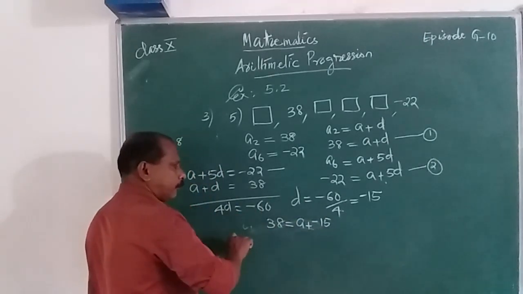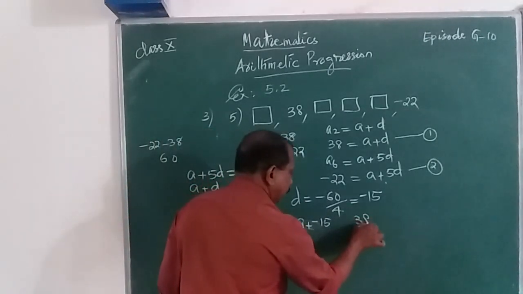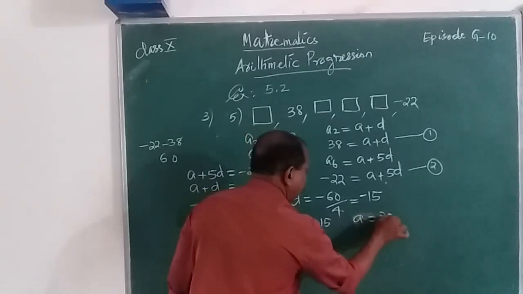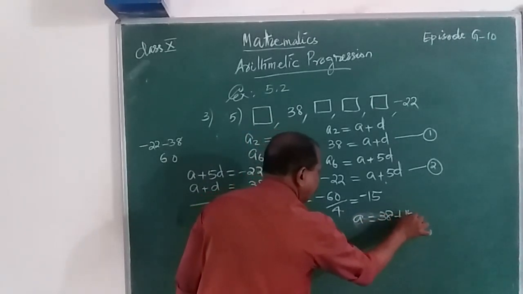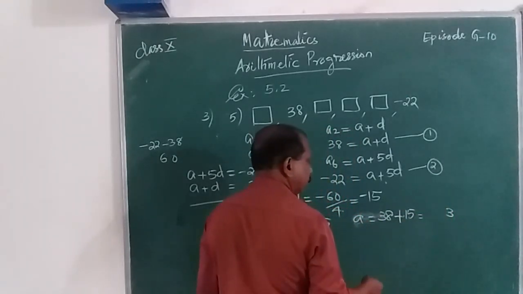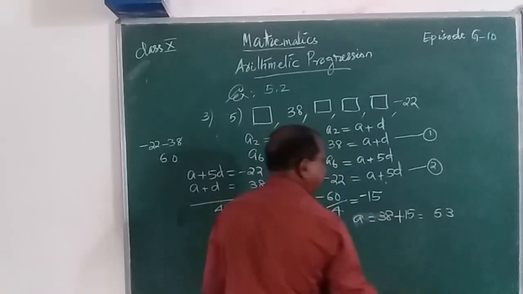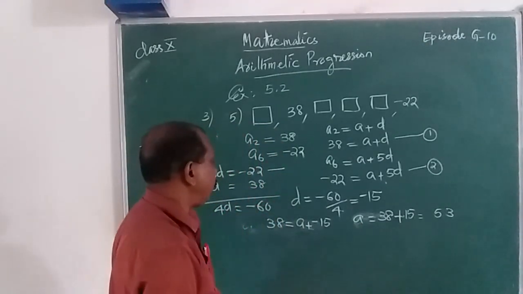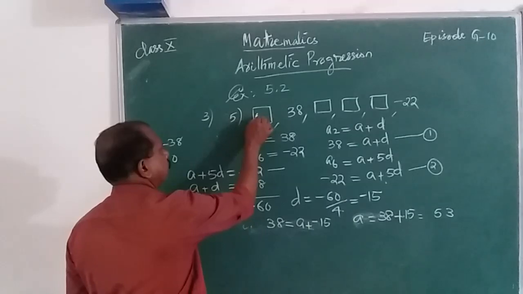So A is equal to 38 plus 15, which is 53. Therefore, the first term is 53.